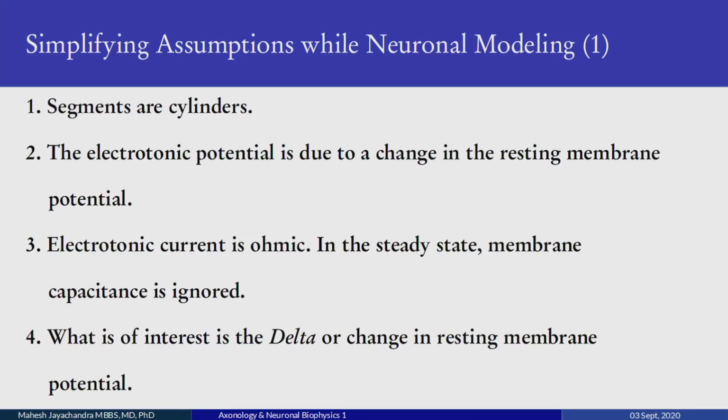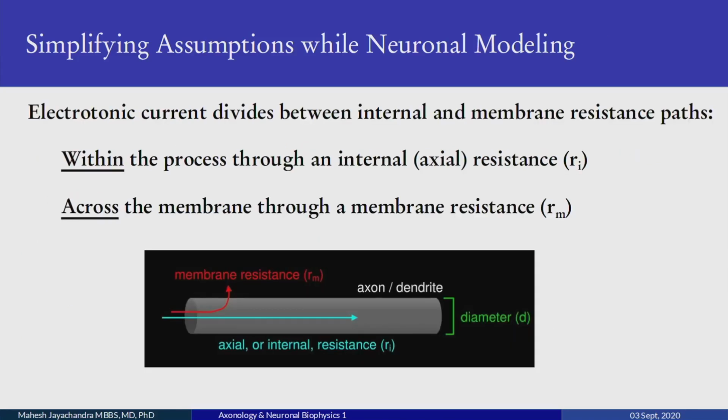The electrotonic potential, or the local potential which spreads, as opposed to resting membrane or action potential, is due to a change in the resting membrane potential. Also, it's ohmic, and in the steady state, membrane capacitance is ignored. What we are interested in is the delta, or the change in the resting membrane potential.